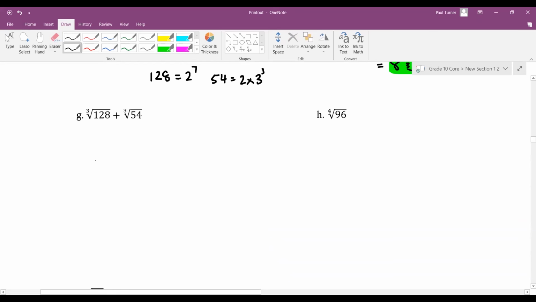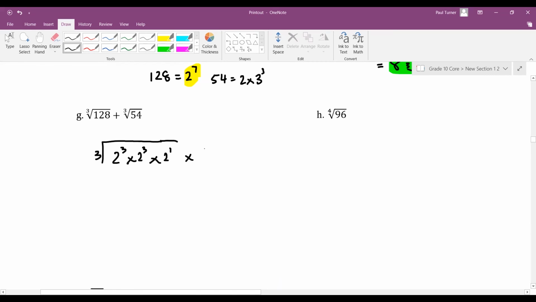So you've got cube root of 2 power 7. Now, instead of 2 power 7, let's make them to power 3, because then we can use them to cancel. So 2 cubed times 2 cubed times 2 to the 1. You see what I did there? 3 plus 3 plus 1 will be 7. 54, well, this is okay.